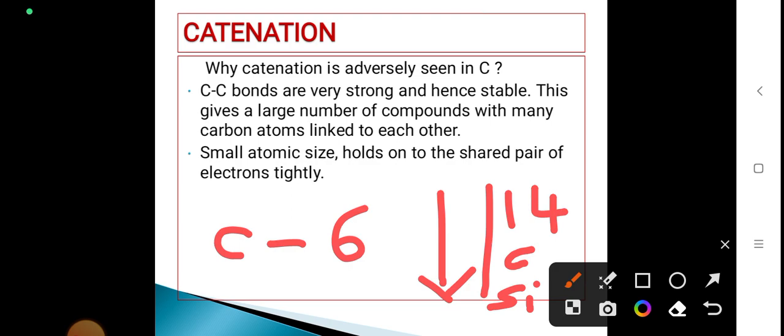Now because the carbon atomic size is very small, it also means that carbon-carbon bonds will be very strong, because the nucleus of one carbon can easily hold on to the electrons of the second carbon, and vice versa. That is, the carbon 2 nucleus can hold on to the electrons of carbon 1. So this creates great strength in the bond between two adjacent carbons, and this is the reason why catenation is so prominently seen in carbon atoms.